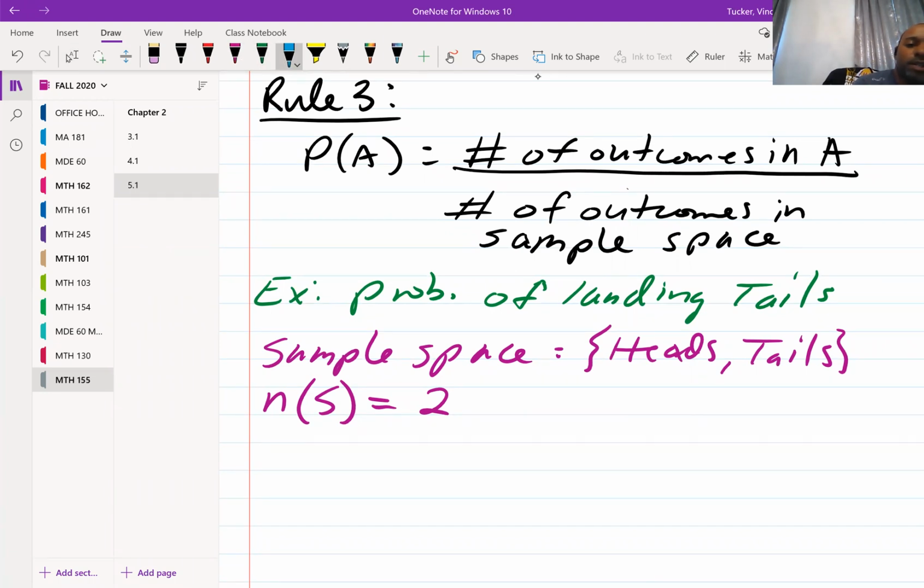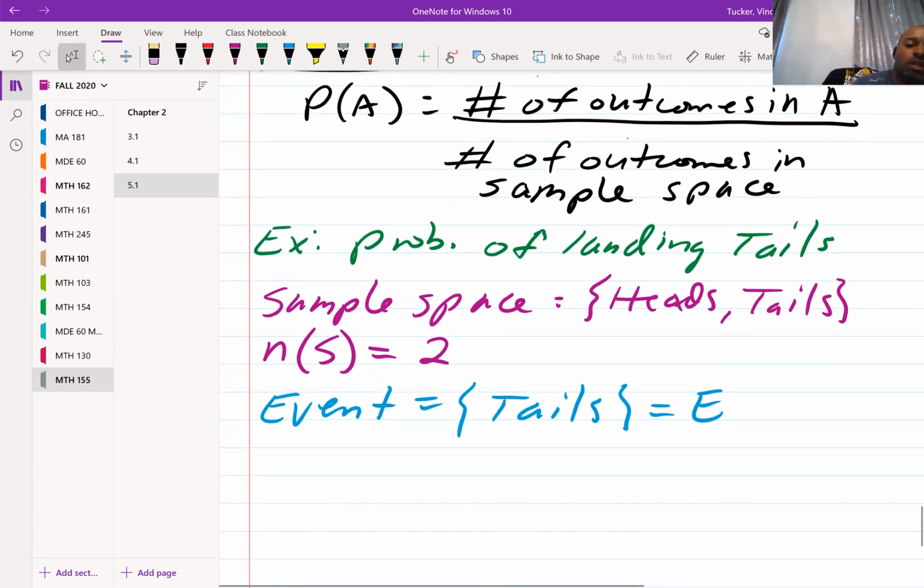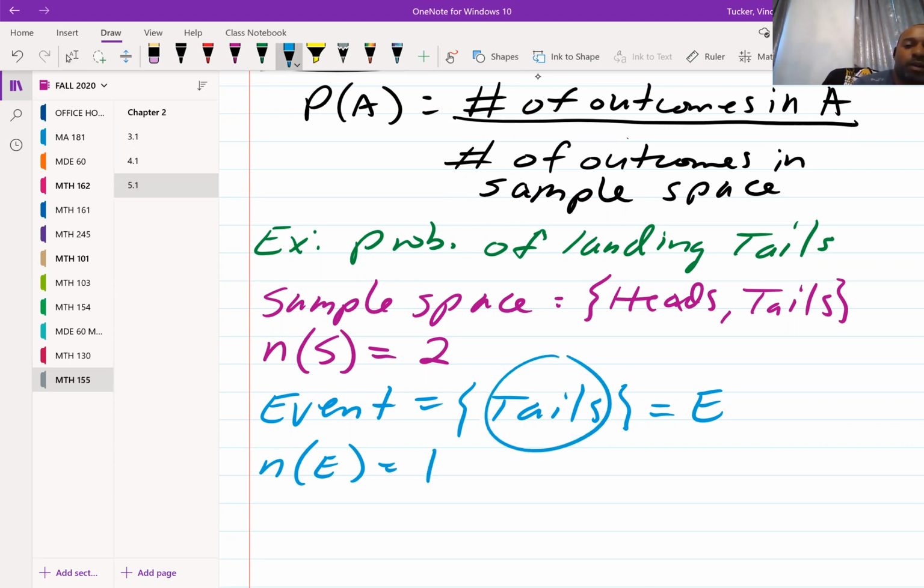All right, then our event. Let's say our event is tails. I'll just call the event E for right now. The number of outcomes in our event is just 1, because there's only 1 outcome, tails.